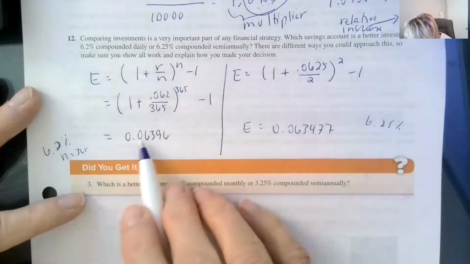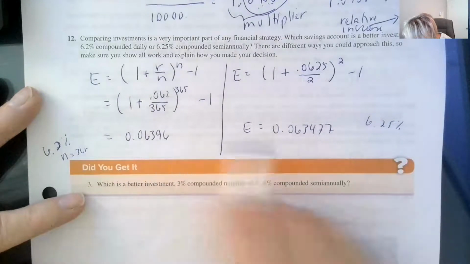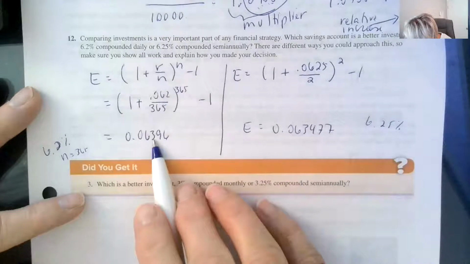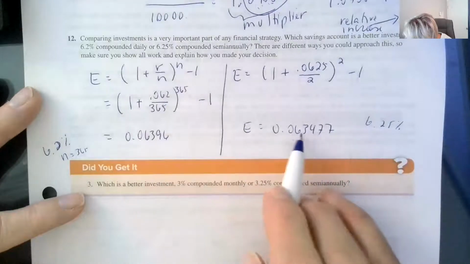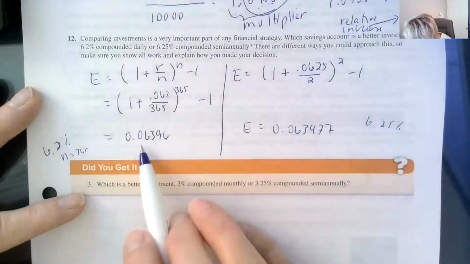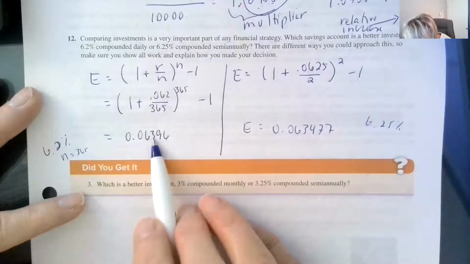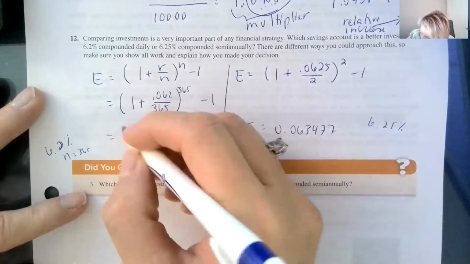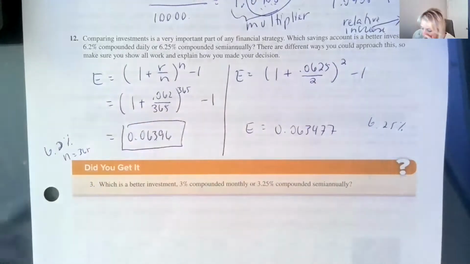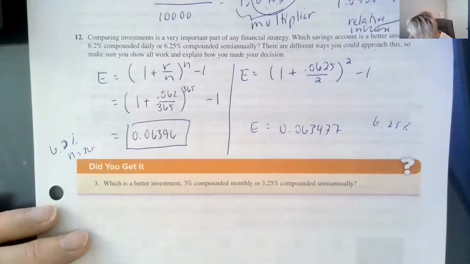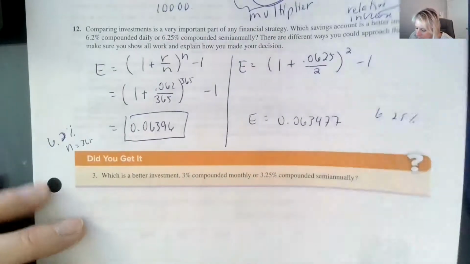So 6.396, 6.3477. So it looks like this one with a lower interest rate, but the more compounding actually gives you a better deal. Very cool. So let's go ahead and flip the page.